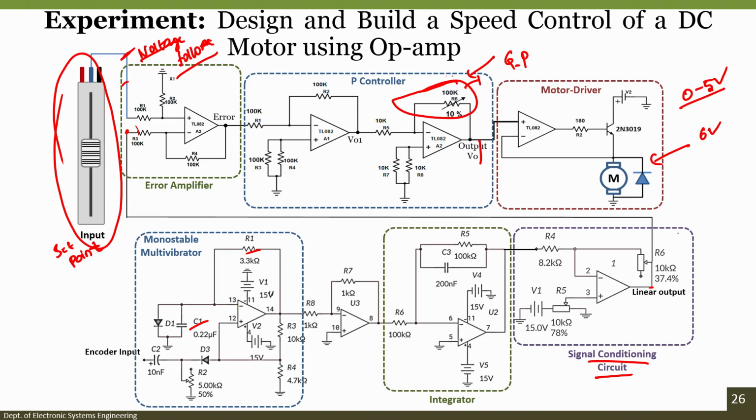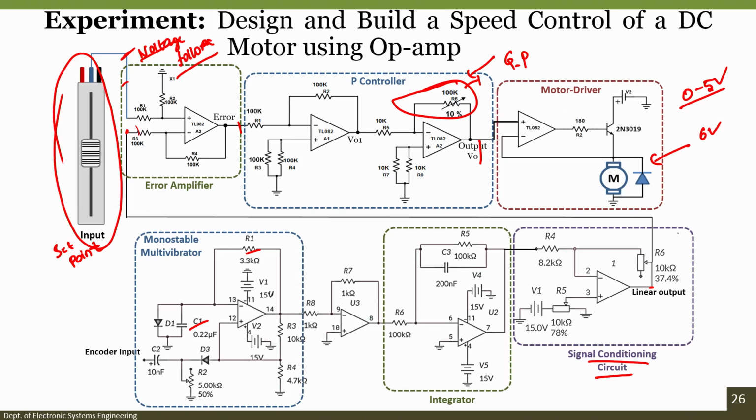But since the output voltage of the controller, which is the manipulated variable, depends entirely upon the error signal and the gain that we set, if the error is higher and the gain is also higher, there is a chance of getting an output voltage greater than 5 volts.